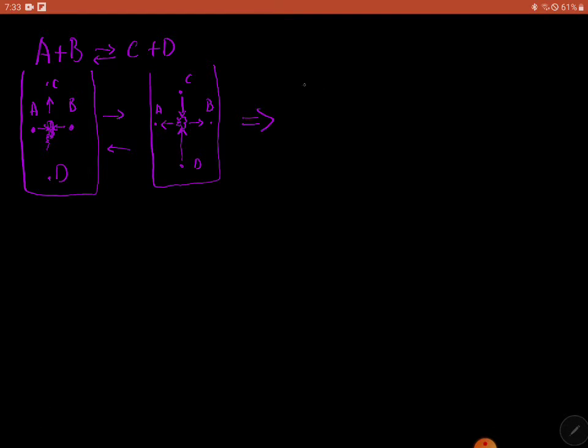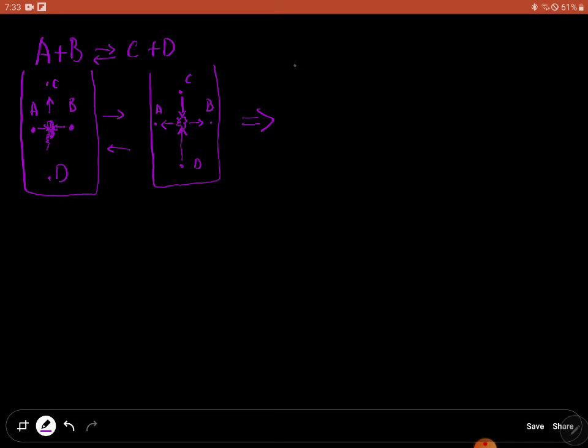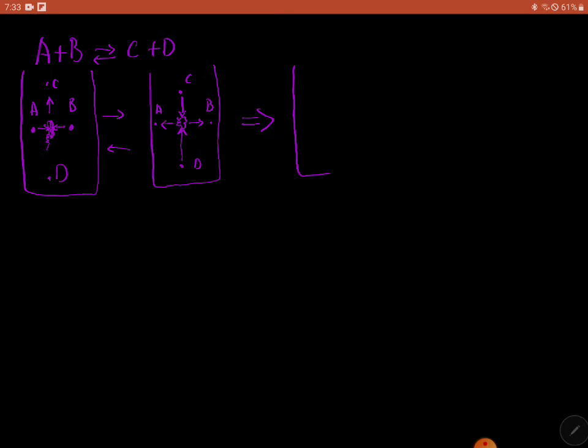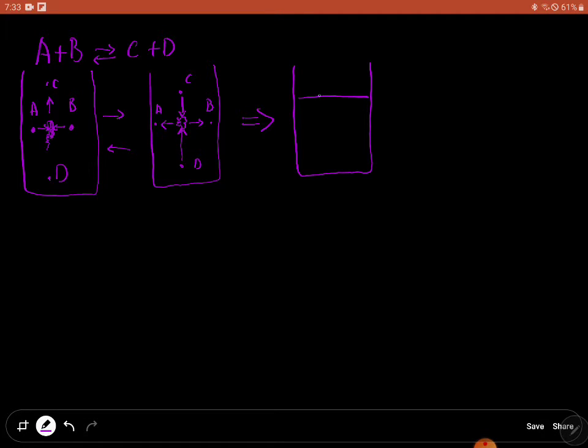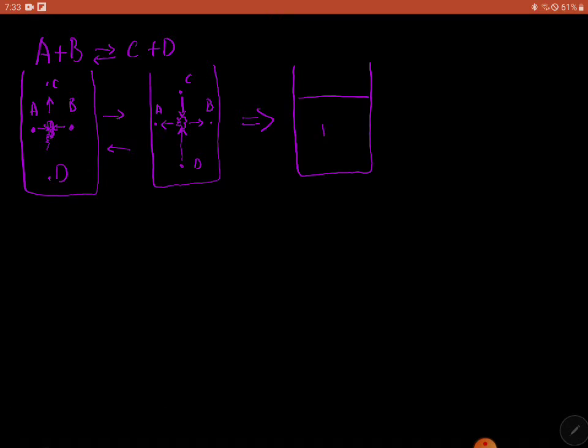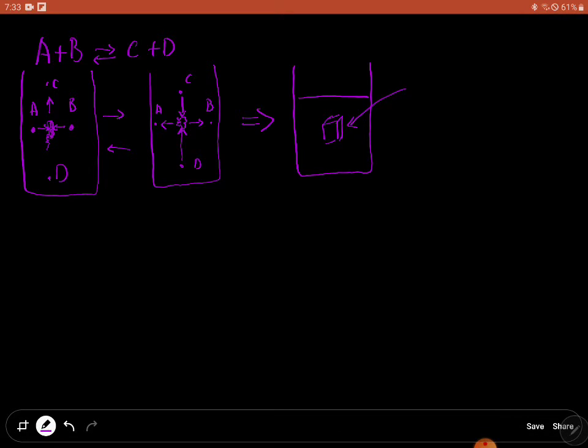All right, so we will see here. Let's say there is a beaker and there is a solution which contains A and B. Of course, there are also C and D. The majority is probably water. Then I'd like to take a specific area or specific space here and see the chemical reactions.